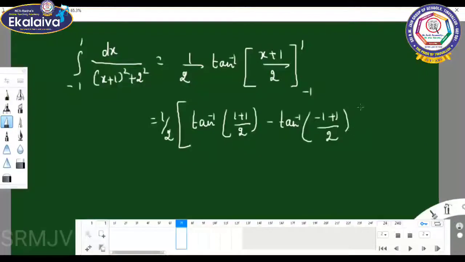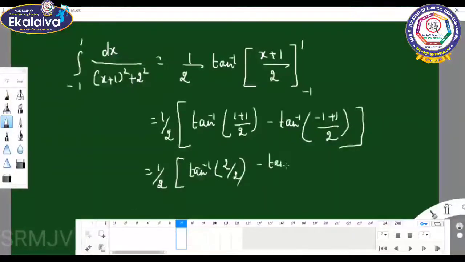So 1 by 2 into tan inverse of 2 by 2 minus tan inverse of 0, which is 1 by 2 into tan inverse of 1 minus tan inverse of 0.